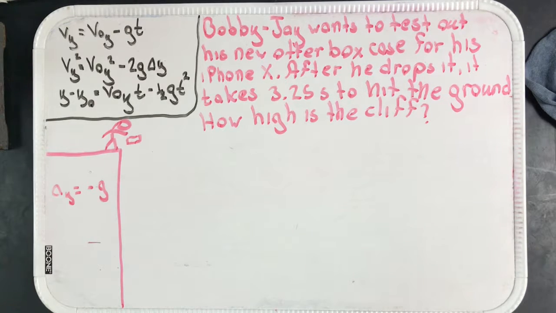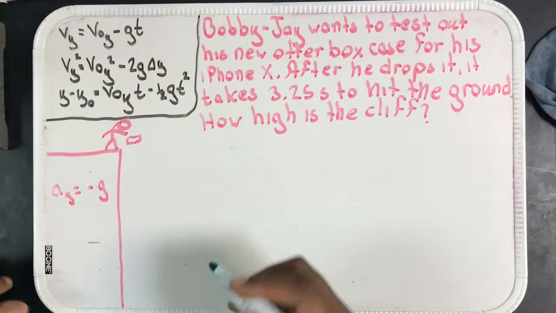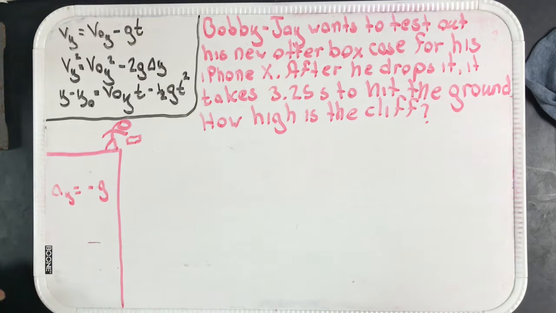So Bobby J wants to test out his new OtterBox case for his iPhone X or iPhone 10. After he drops it, it takes 3.25 seconds to hit the ground. Now, how high is the cliff? Okay? So first of all, let's assume that Bobby J drops this phone from rest. He doesn't give it any initial push.